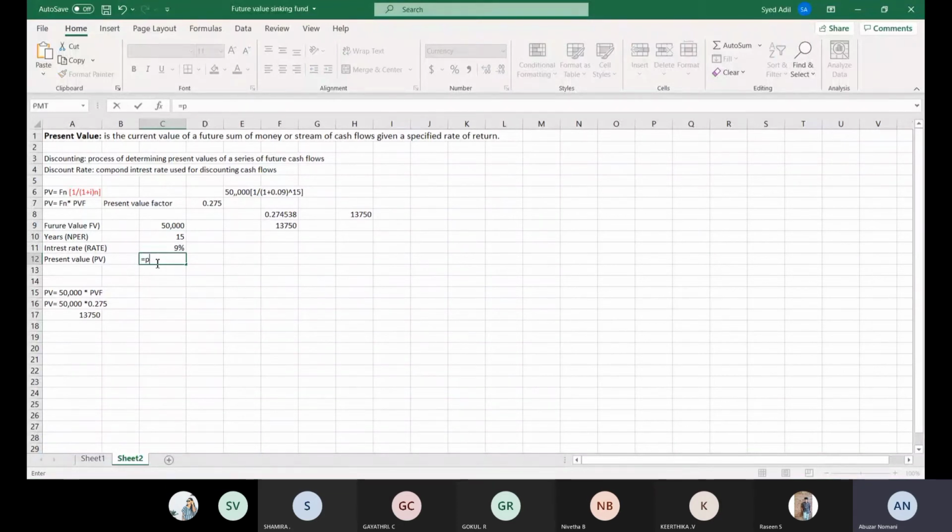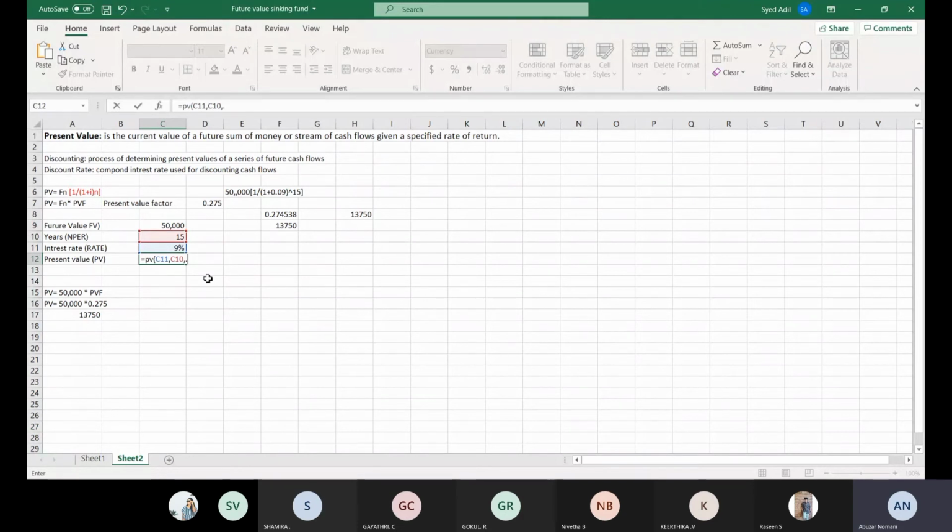Okay, so present value, then bracket, then put the rate here. What is the rate? 9%, comma. Then NPER, how many years we have? This one. Then PMT, there is lump sum amount we are talking about.